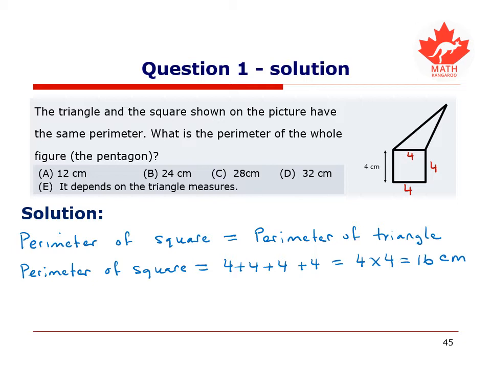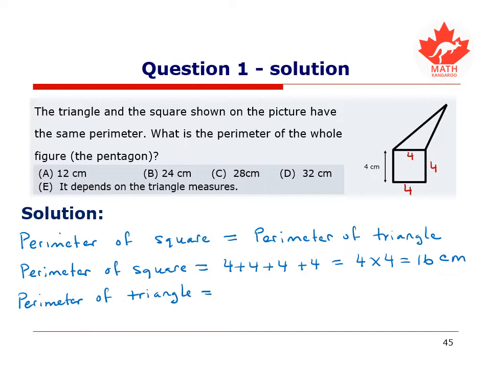Next, we want to work out the perimeter of the triangle. So the perimeter of the triangle would be the base plus the lengths of the other 2 sides.